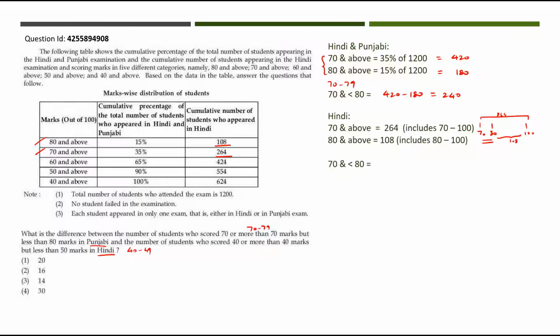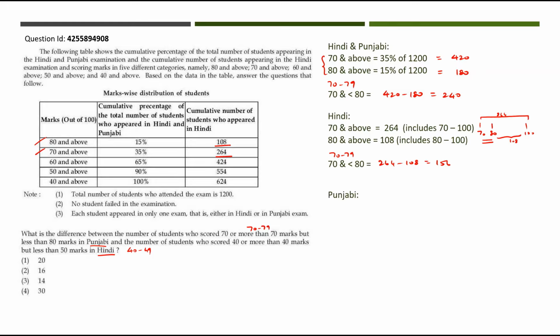This is what we have been doing in the earlier problems too. So if you are stuck somewhere on why we are finding the difference, let me give clarity here also. So the range of 70 to 79 for Hindi will be 264 minus 108, which will give a value of 156. This is also already found in an earlier question.